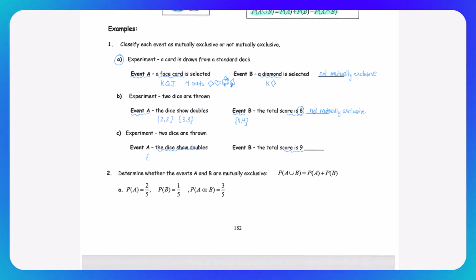For example, if we have a 1 and a 1, that's going to be a 2. If we have a 2 and a 2, that equals 4. So we will never get doubles that are an odd number. Therefore, we cannot have doubles that equal 9. So these events are mutually exclusive.